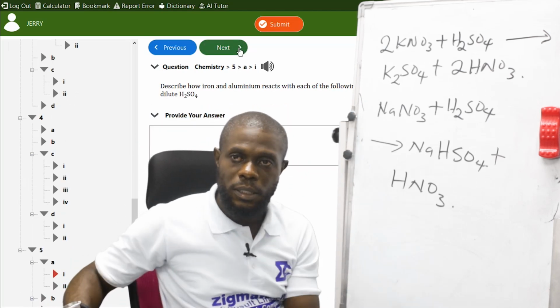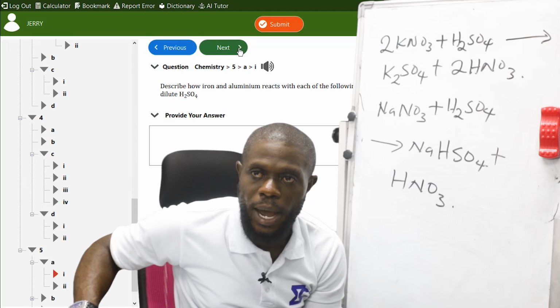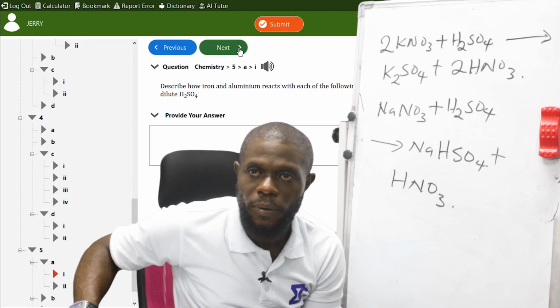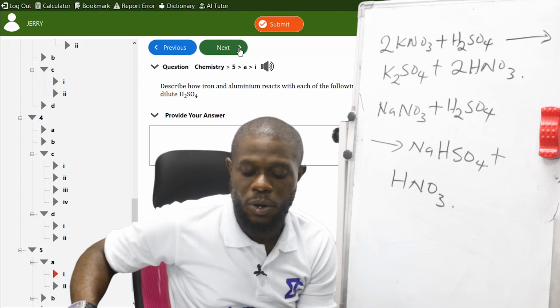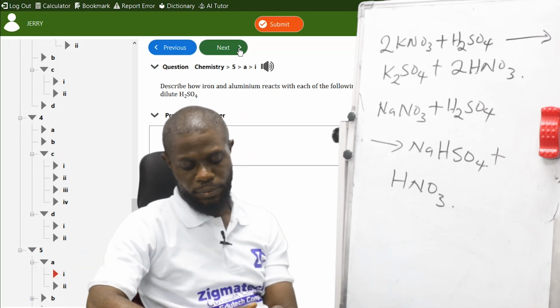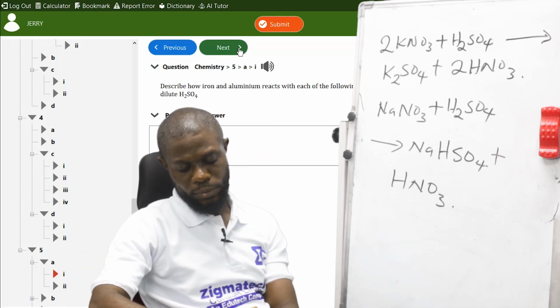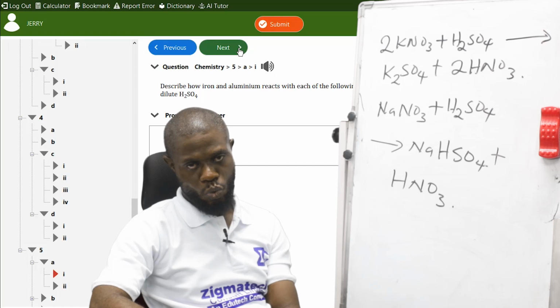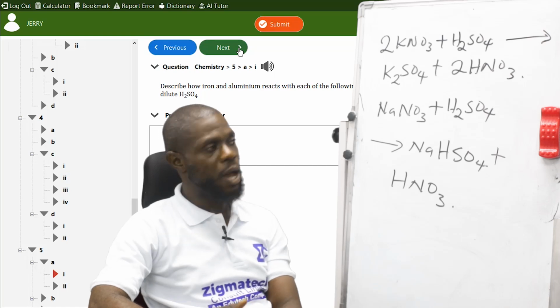The next is, describe how iron and aluminum react with each of the following substances. Dilute sulfuric acid.